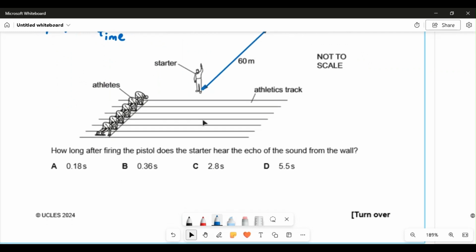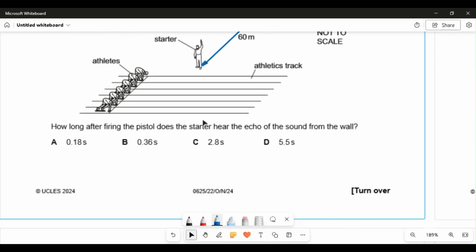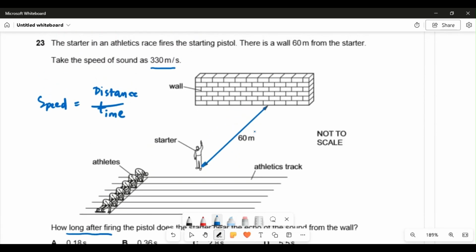The question says how long after firing the pistol does the starter hear the echo? So we are asked to find the time. Rearranging it, we can say time lapse is distance over speed.